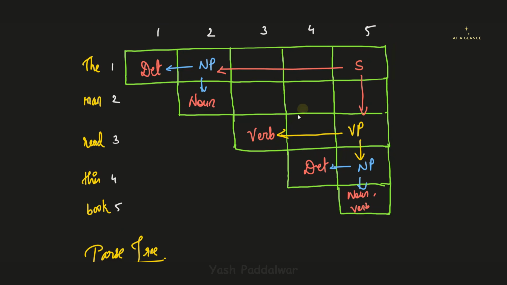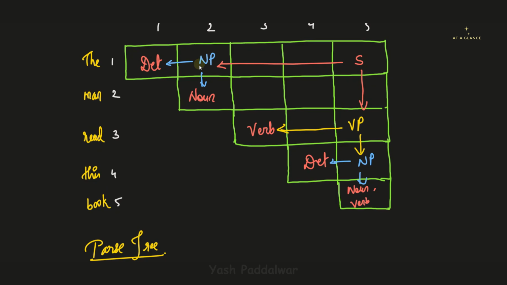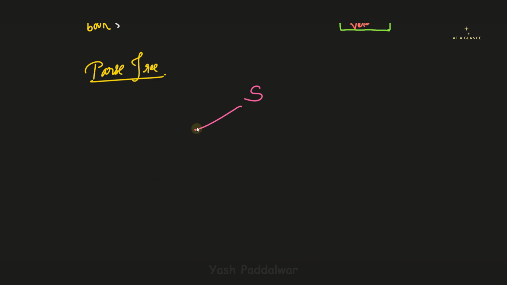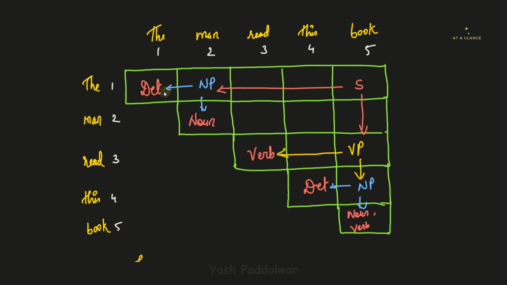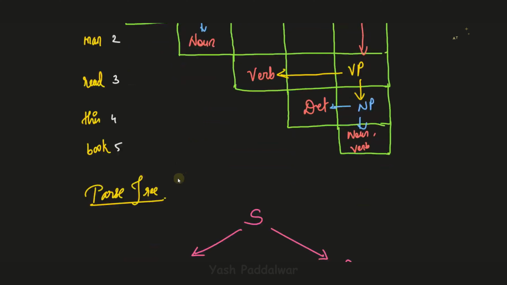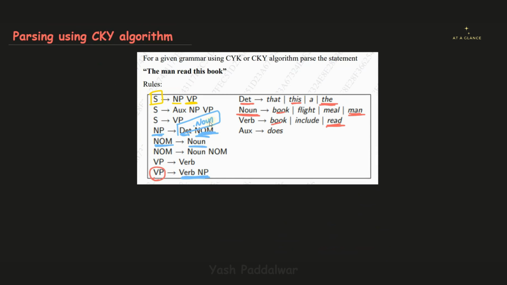So here it starts with S and then it moves to NP, that is the noun phrase, and VP, that is the verb phrase. So let's write NP and VP. Both of them are at the same level. Now, noun phrase is comprising of determiner as well as noun. So let's write that. Now over here, if you look in the grammar rules, noun is not directly present with determiner.